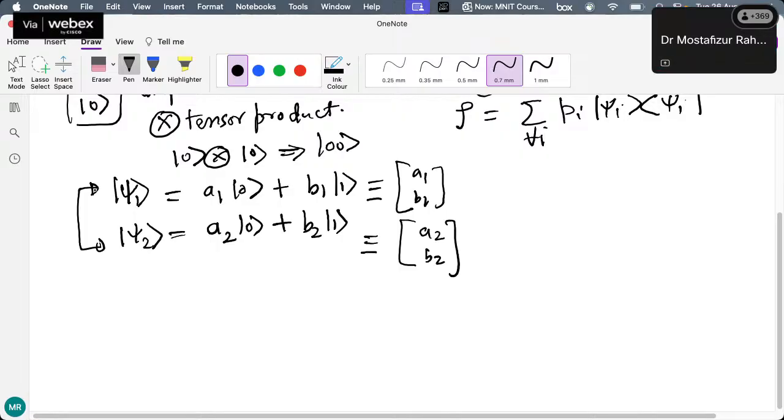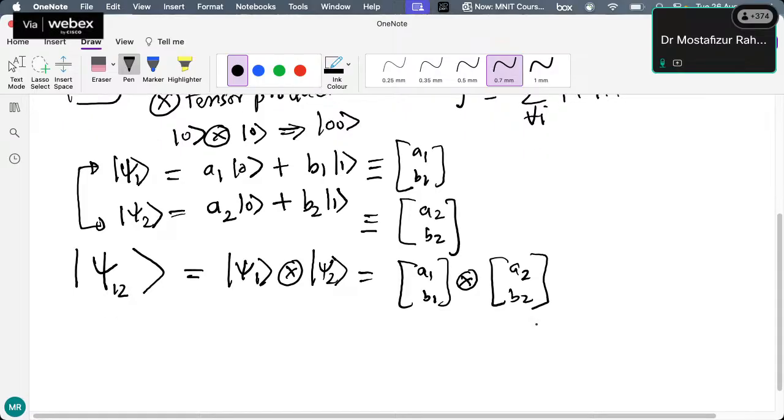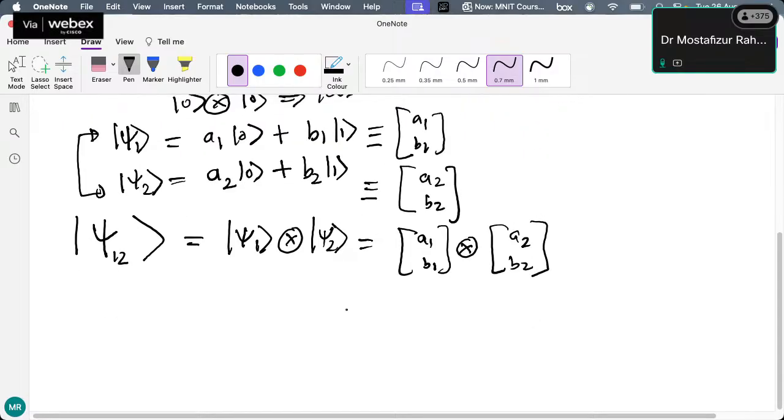So a better way is to form a composite quantum system. Suppose 1 and 2 form a composite quantum system, ket psi12, this particular state, which is basically a tensor product of psi1 and psi2. We can write it as column vector a1, b1 tensor product with a2, b2. How to define the tensor product is very simple.